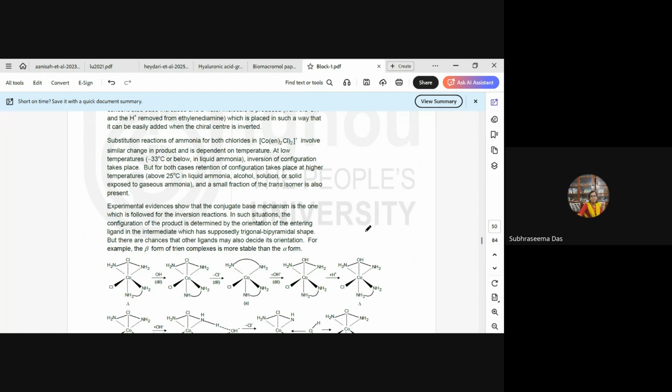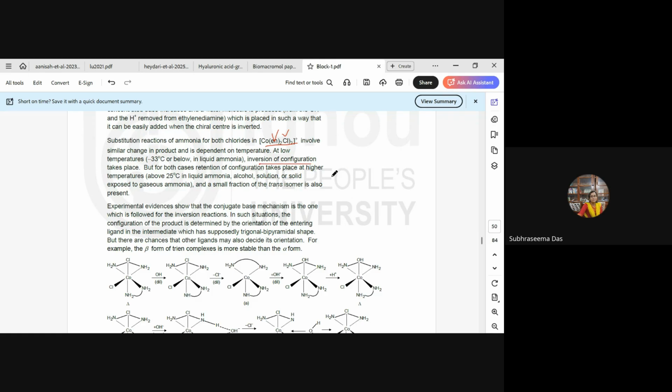Now consider substitution reactions of ammonia for both chlorides. Here we have two ethylenediamine (en) ligands and two chloride ligands. They also involve a similar change in product, and it is dependent on the temperature. When we take liquid ammonia at minus 33 degrees centigrade, then there is an inversion of configuration.